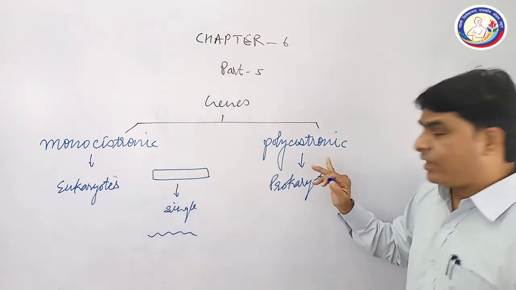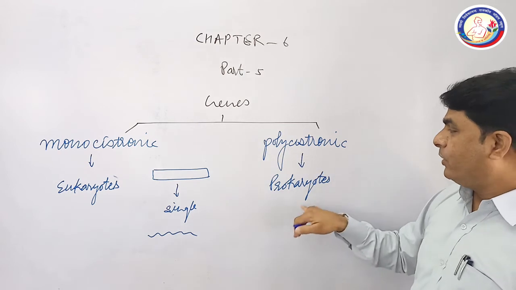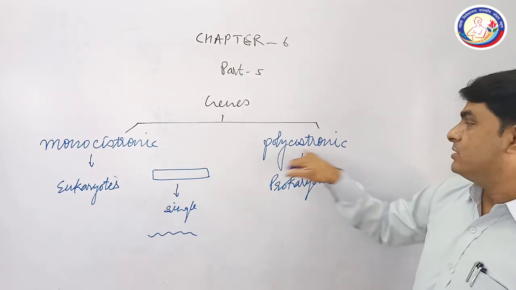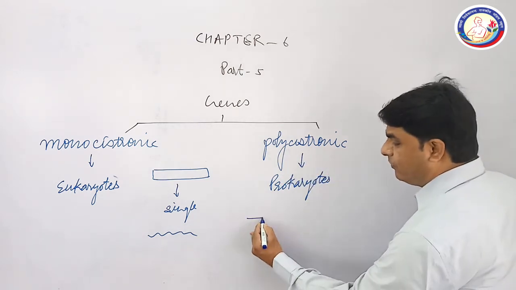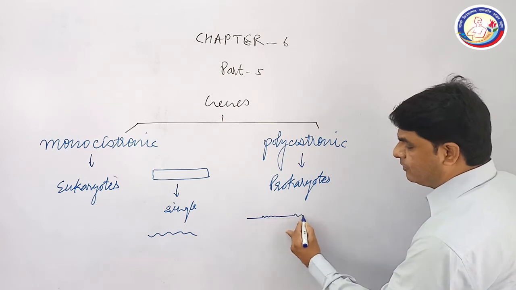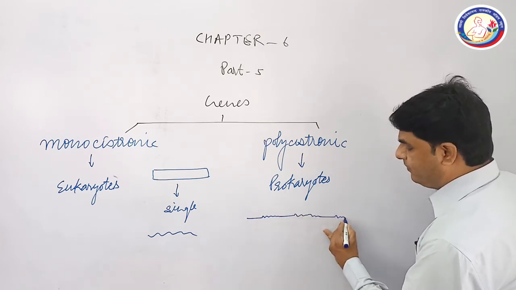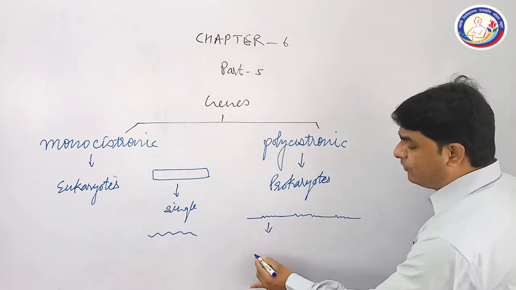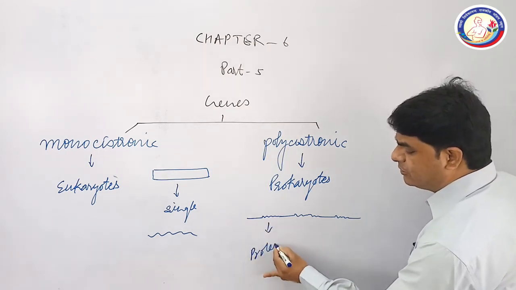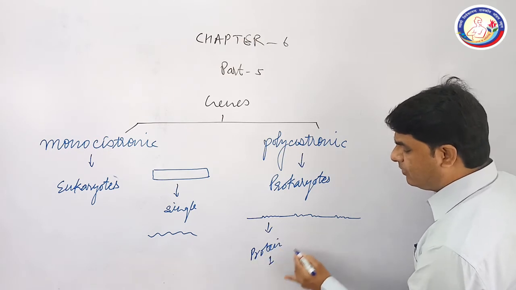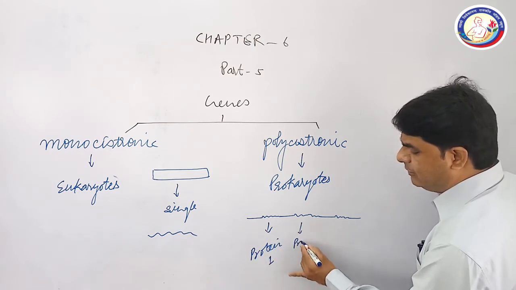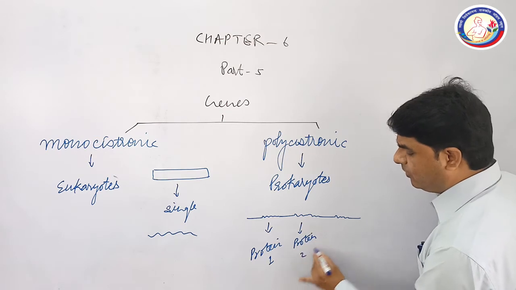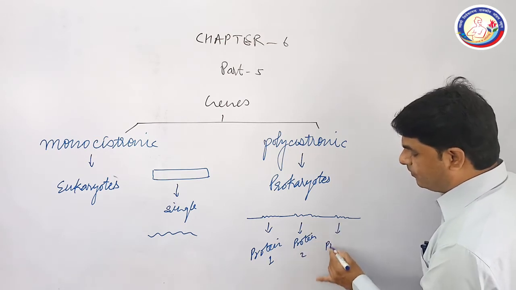On the other hand, prokaryotes have a polycistronic gene that is made of different nucleotide chains, where one part will form protein number one, another will form protein number two, and the next will form protein number three.